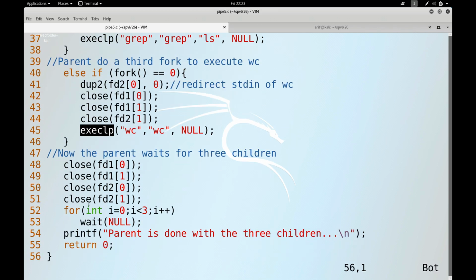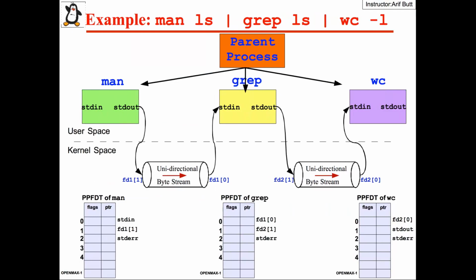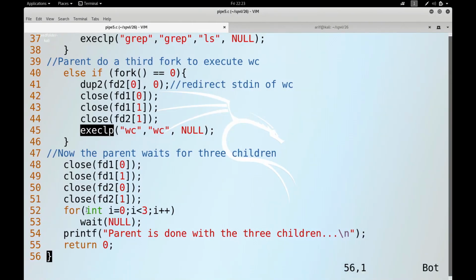Over here only the main program will come, that is the parent program, which will close all the descriptors, as the parent program doesn't need any descriptor of these two pipes, and then it will wait for all its 3 children, and then it will display the message, parent is done.